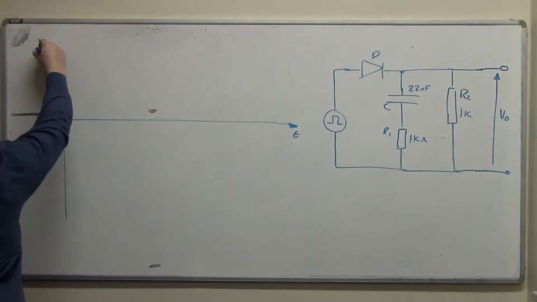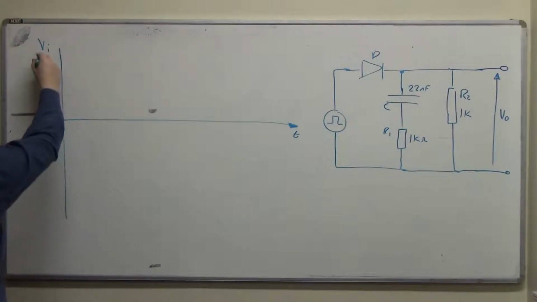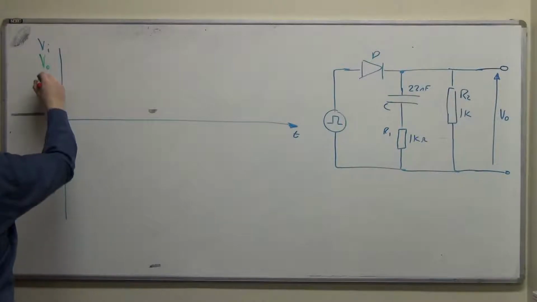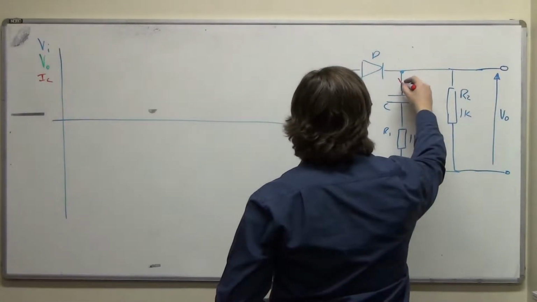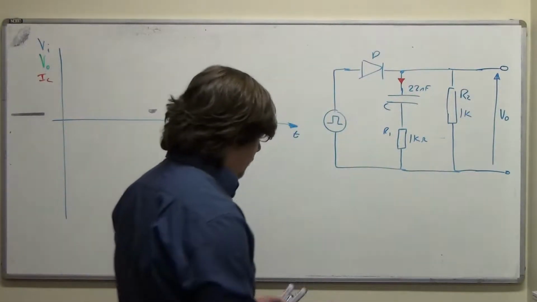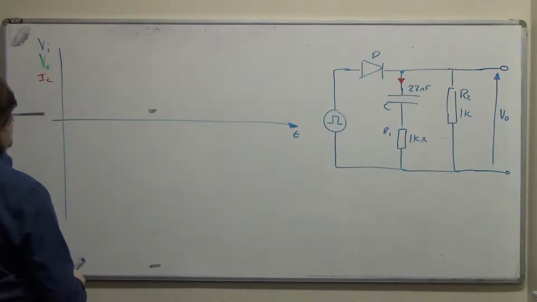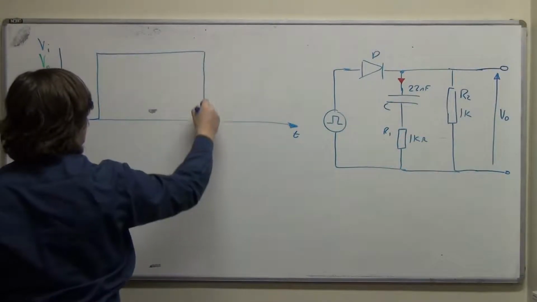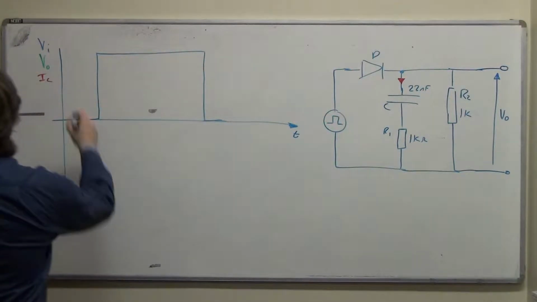V in will be in blue, V out will be in green, and IC will be in red. Okay, so our input pulse looks like this, and it's 10 volts.